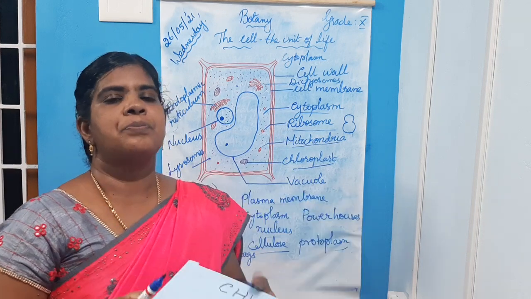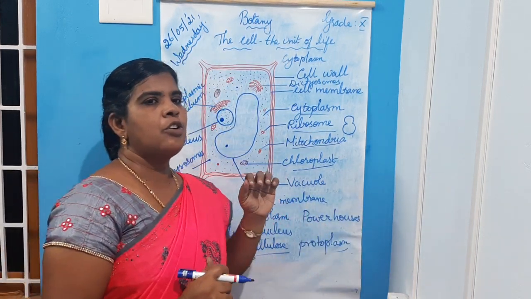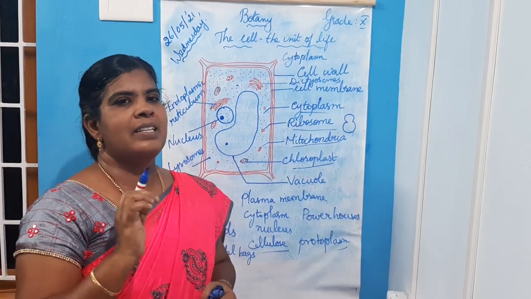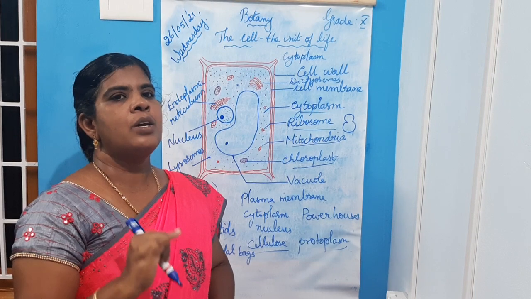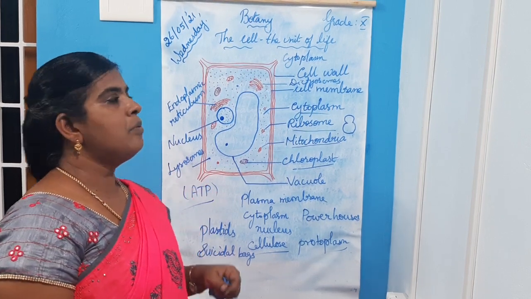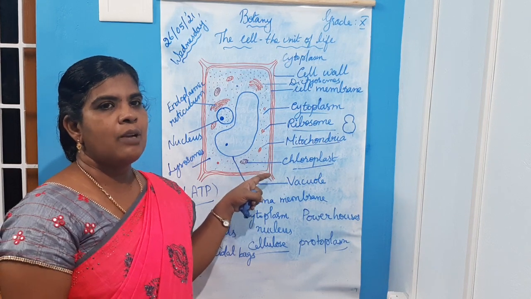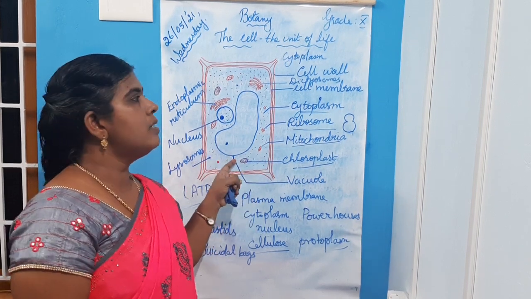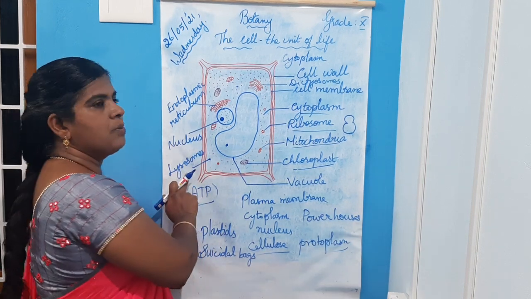Now, children, you are writing in your notebook. Who discovered the cell? Robert Hooke. Name the outer covering of a plant cell: cell wall.